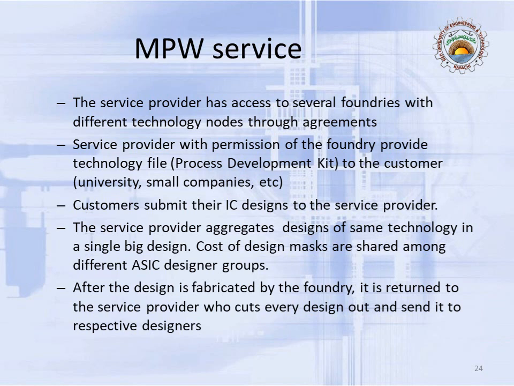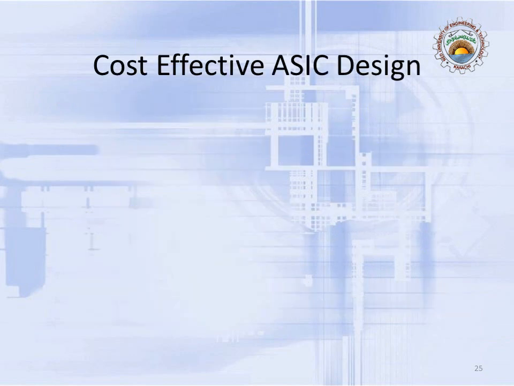So the cost of the IC designing is now shared among all these interested parties, and hence the total cost of ownership is reduced substantially. So this is the model which helps us to get an IC design in a few years. It will still take a few $1,000s. So you see, cost-effective ASIC design is about $3 to $4 billion at least.